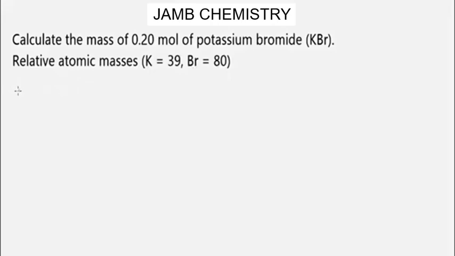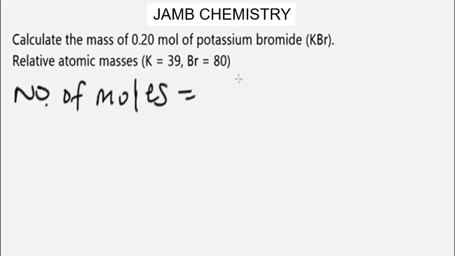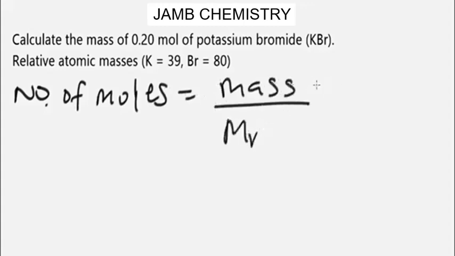The formula to apply: number of moles equals mass of the substance over relative formula mass or molar mass of the substance. So let's get our parameters. In this question, we have the number of moles to be 0.20 mole. To get the relative formula mass, we add all the relative atomic masses of the atoms of the compound.